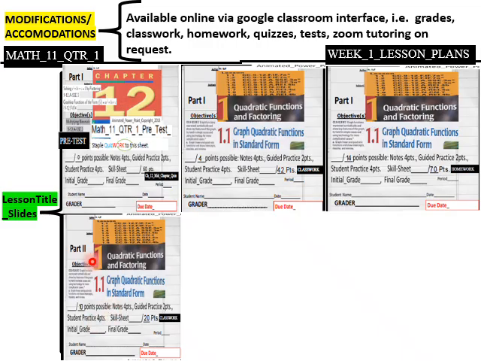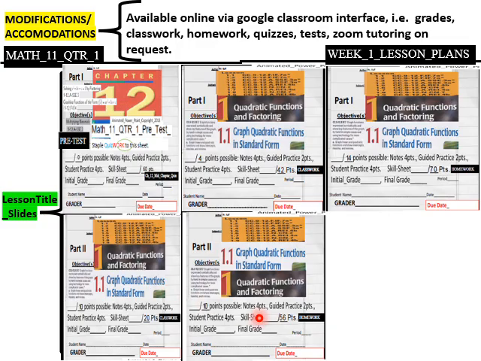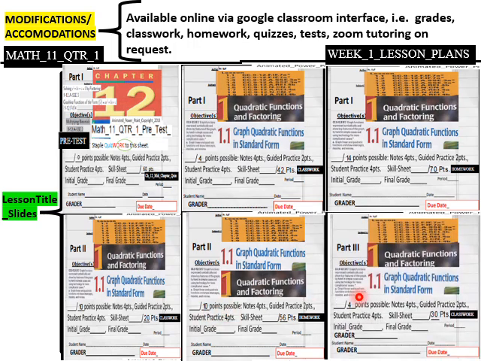And then 1.1 Part 2, 20 points classwork, 10 points note-taking. And then our Part 2 homework here is 56 points, 10 points in note-taking for that. And then we got 1.1 Part 3 classwork, 30 points, 4 points note-taking.